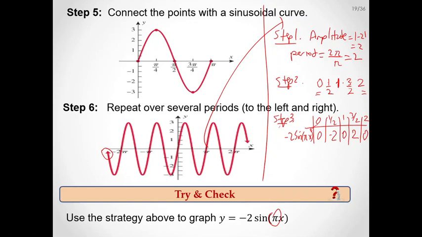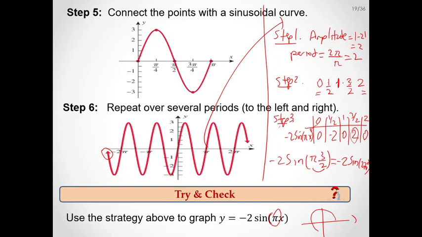Now I can show you, for example, how to get this one. So -2 times sine of pi times 3 over 2, and if you change it to degrees, it will be sine 270. And how can you get the sine 270? I will use the unit circle.